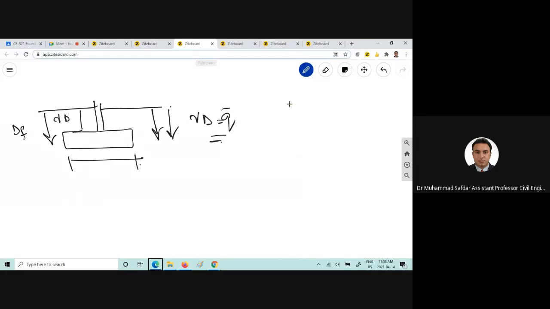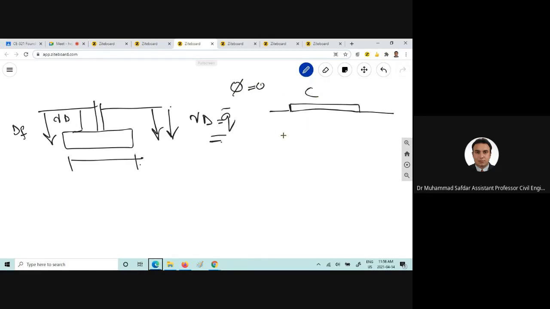Now, if we place a mat foundation, for example, onto the surface, and as I told you, we are just starting with foundation engineering. This is a very crude example where only cohesion is playing a role in the foundation.